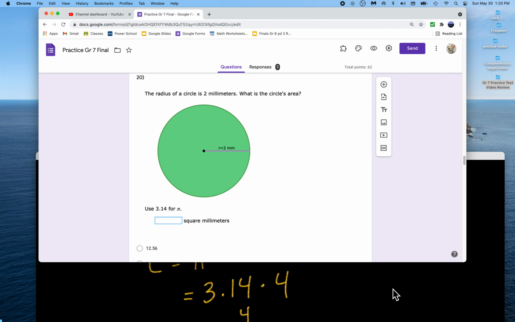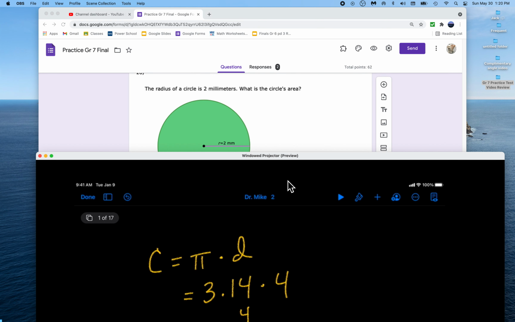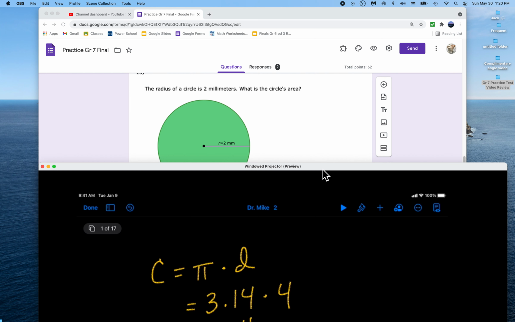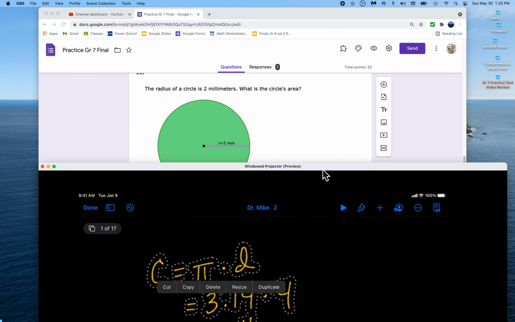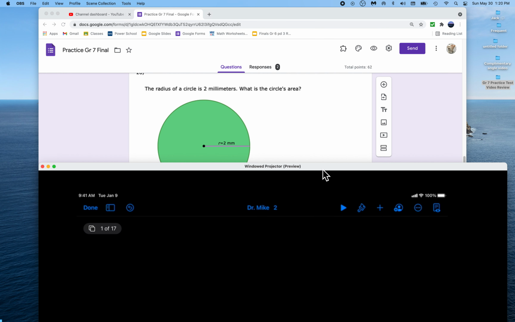Next one, an area problem. Again, you folks have seen this. Let's get the formula for the area of a circle. Remember, the word area, 2 A's, the units are going to be squared.